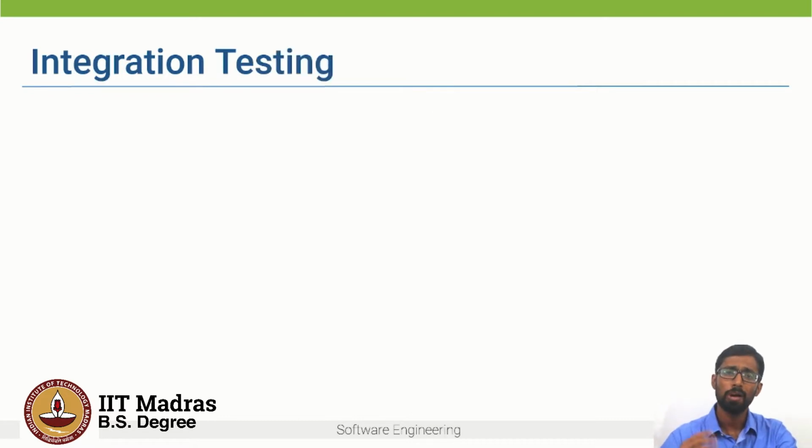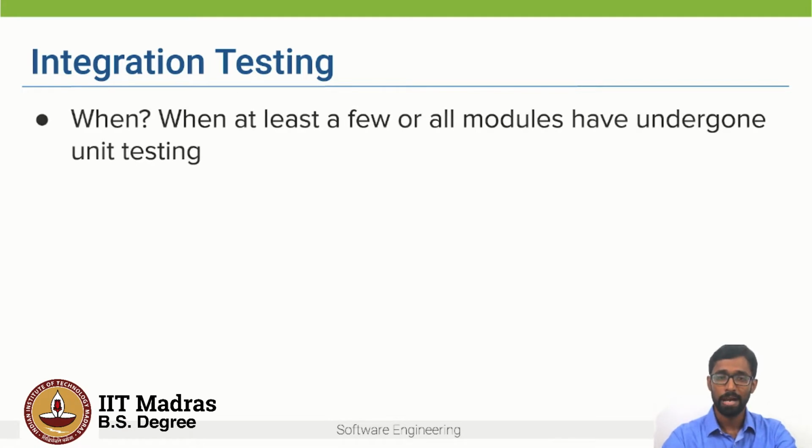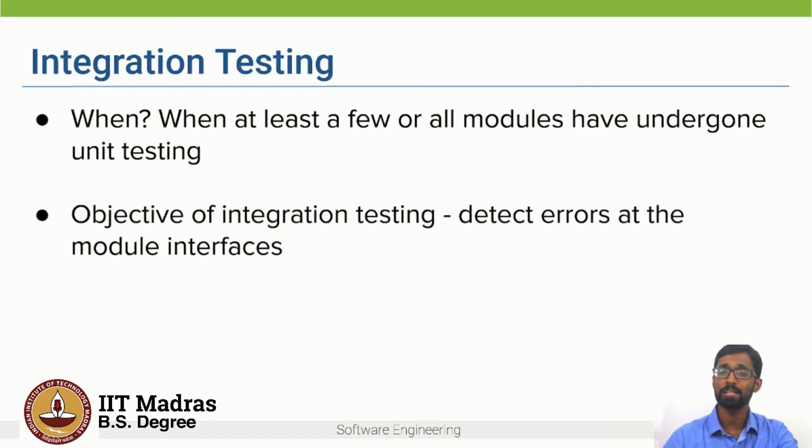So when should we do integration testing? Ideally it should be done when at least a few, or maybe even all, the modules have undergone unit testing. Unit testing is done, that means the individual units are working successfully. Now the objective of integration testing is to detect errors at the module interfaces.